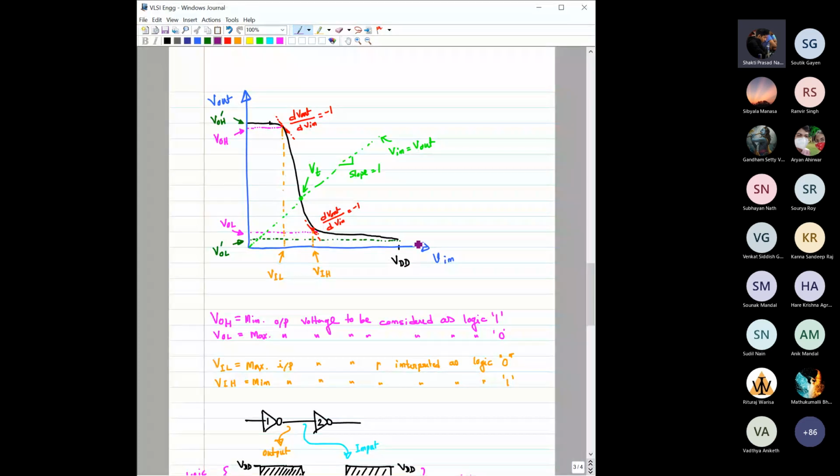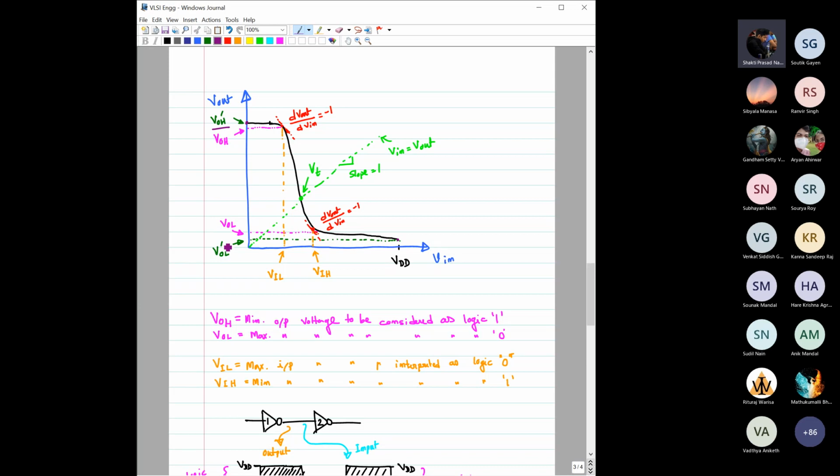Okay. Now important points. This point, as you can see here, for this particular case is equal to VDD. We have termed this point VOH dash. Remember, VOH dash. And the lowest output voltage, we have termed that value VOL dash.